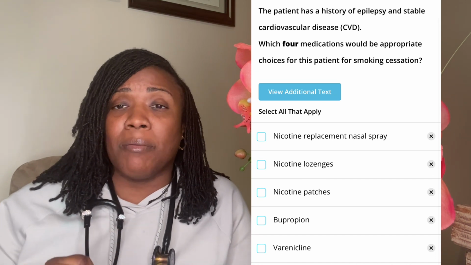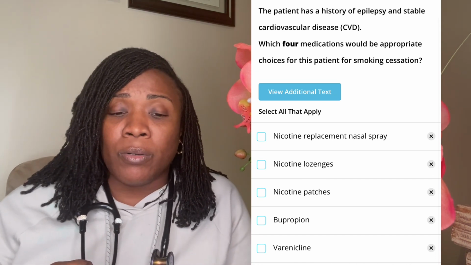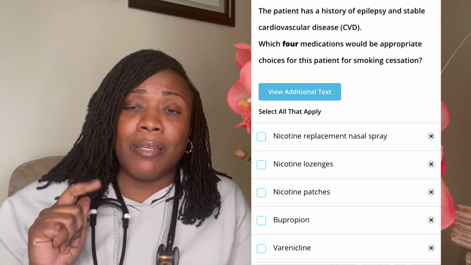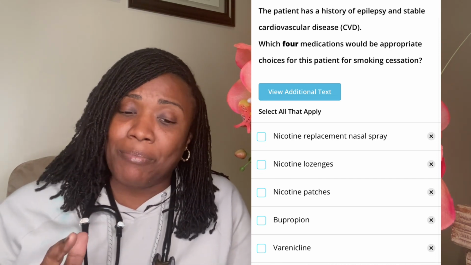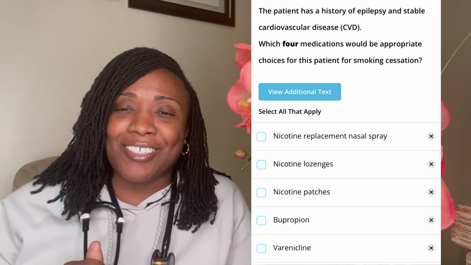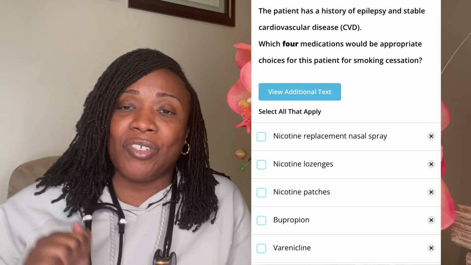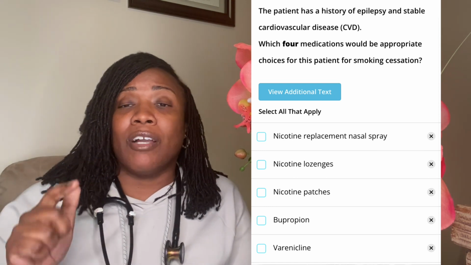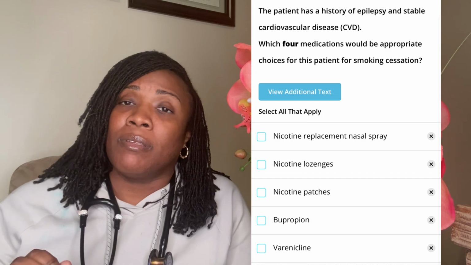So it is the nicotine replacement nasal spray, the nicotine lozenges, the nicotine patches, and the varenicline that are safe to give a patient who has had seizures as well as cardiovascular disease, but they are stable.